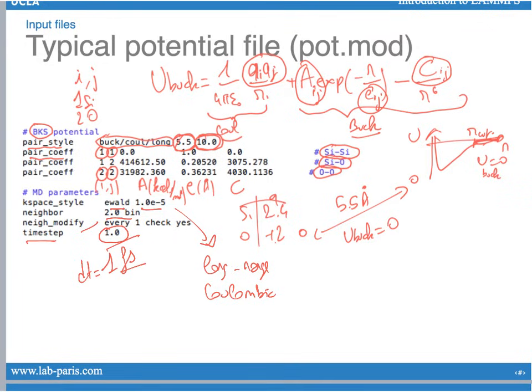So this time step tells you the duration of the simulation. For example, if you are requesting a molecular dynamics for 100,000 steps, it means that you will do a molecular dynamics of 100,000 femtoseconds, which is 100 picoseconds. So the time step gives you the duration between each molecular dynamics step.